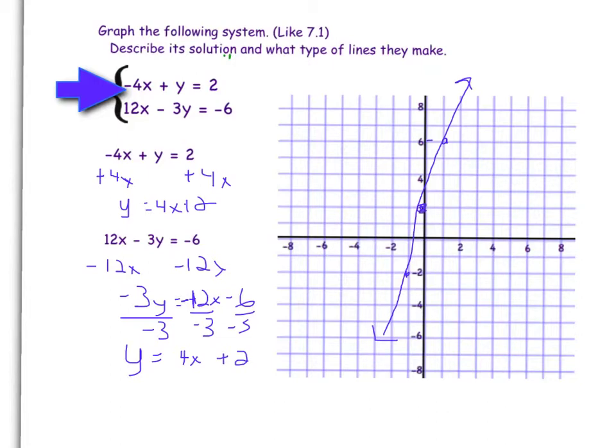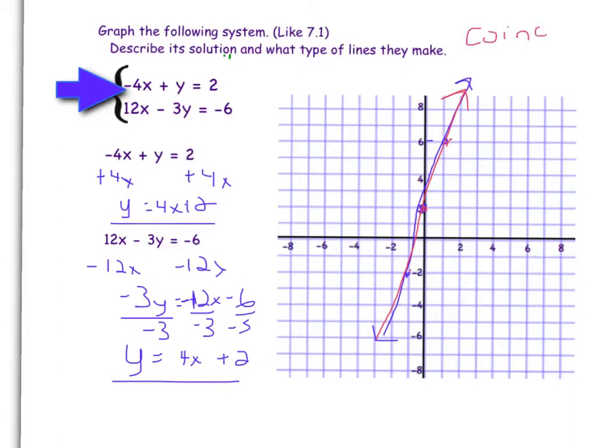At this point, I can see that these are identical, so I know that the lines are going to be identical, which means they are coinciding.